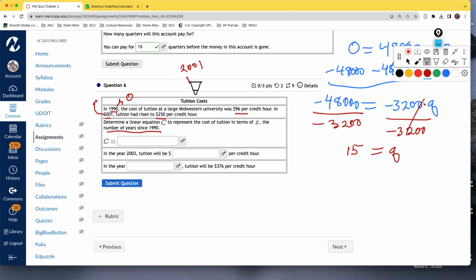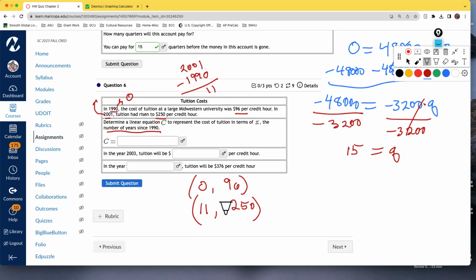It's 2001 minus 1990. That's going to be year 11. So what we have is that in year 0, tuition was $96. In year 11, tuition was $250. So we have 2 points. How do we get the equation of the line?